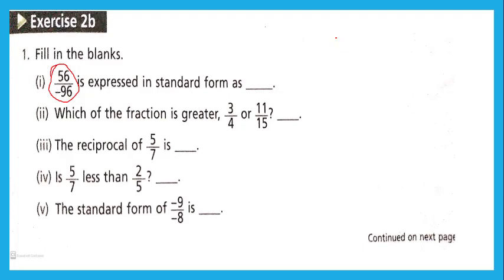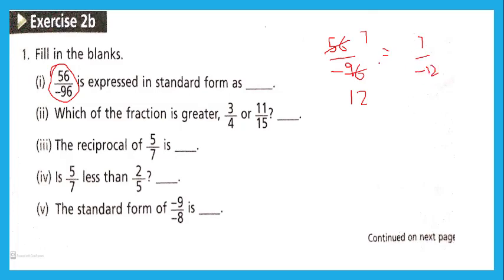For example, if I have a fraction 56 divided by minus 96, now I can simplify this fraction with the table or with the factor 8. 8 sevens are 56, and then 8 ones are 8, one remainder, 1 goes to 6, it becomes 16, 8 twos are 16, so the answer is 7 over minus 12.